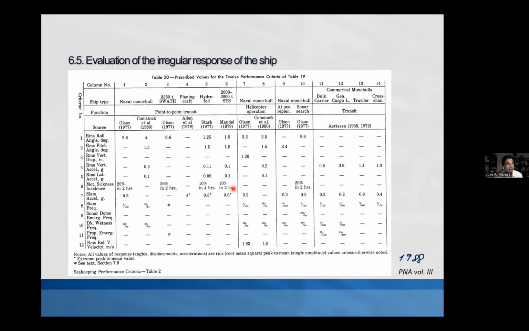Definitely you have to install bilge keels or something, or make it larger or something like that, so that in your calculations you try to reduce the MSI, the motion sickness index, in the passengers before you build the ship. Before.